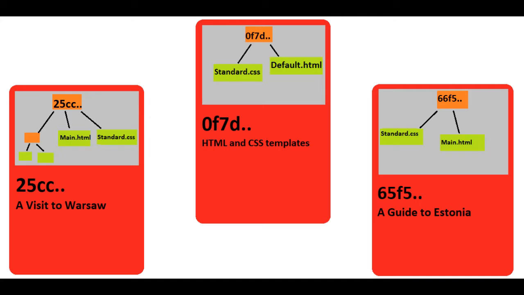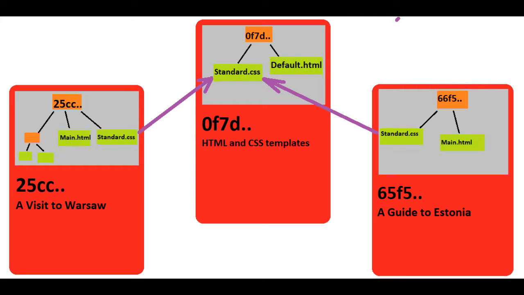The 25cc project, A Visit to Warsaw, has a main.html file, two pictures in a subfolder and the same style sheet standard.css. The 65F5 project, A Guide to Estonia, is in an early state and just comprises main HTML and the same standard.css again.